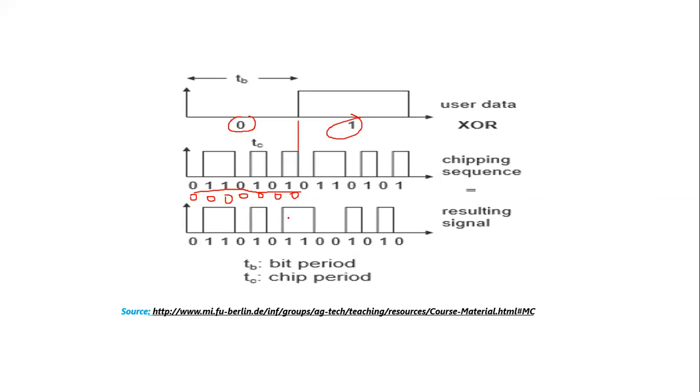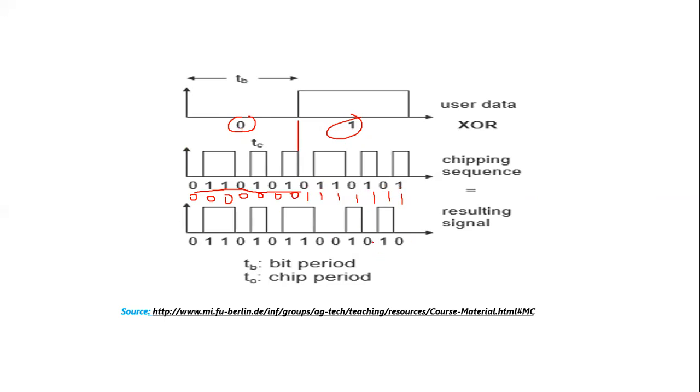Similarly for 1, all these bits are XORed with 1, which is all ones. So 0 1 is 1, 1 1 is 0, 1 1 is 0, 0 1 is 1, 1 1 is 0, 0 1 is 1, 1 1 is 0.